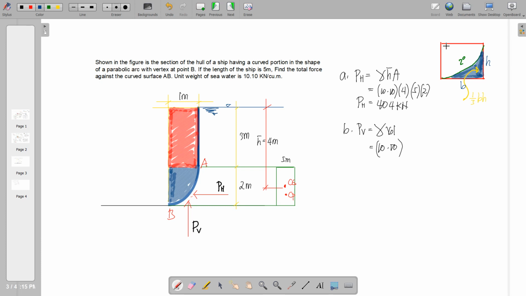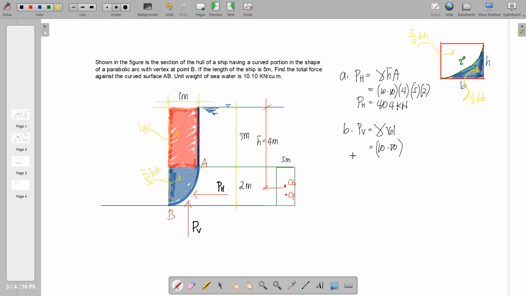Now the unshaded boundary here will be, of course, 2/3 base times height, so that if we add this one, we have the area of the rectangle equivalent to base times height. So in this case, we have this one to be 2/3 base times height, and this we treat as a rectangle, that is length times width.